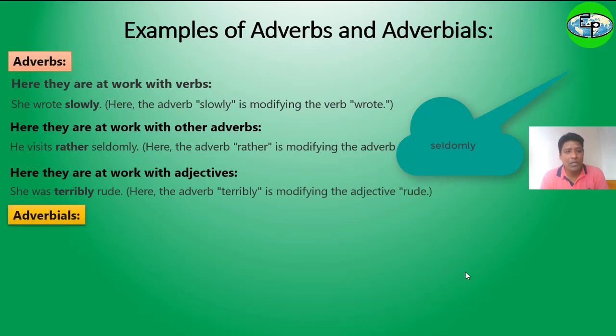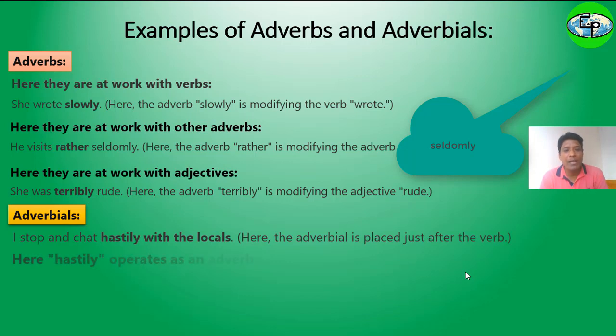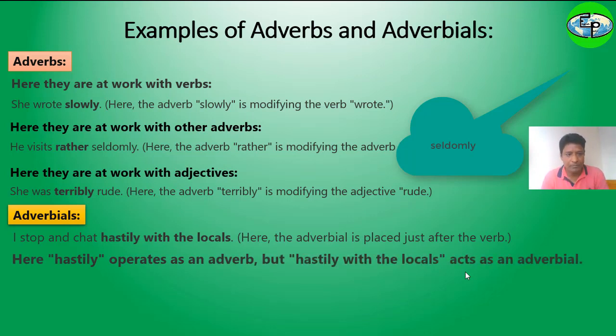Adverbials. I stop and chat hastily with the locals. Here the adverbial is placed just after the verb. Here hastily operates as an adverb, but hastily with the locals acts as an adverbial. I always stop and chat with the locals. Here the adverbial is placed just before the verb.